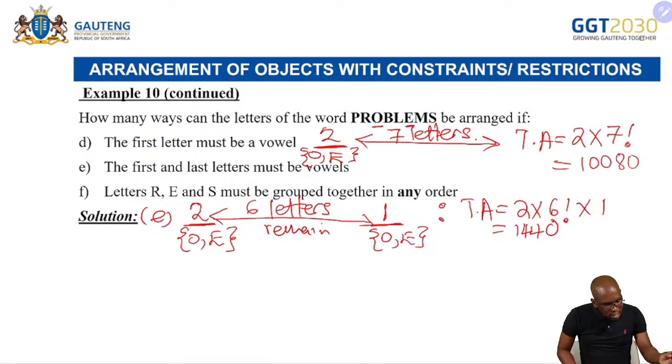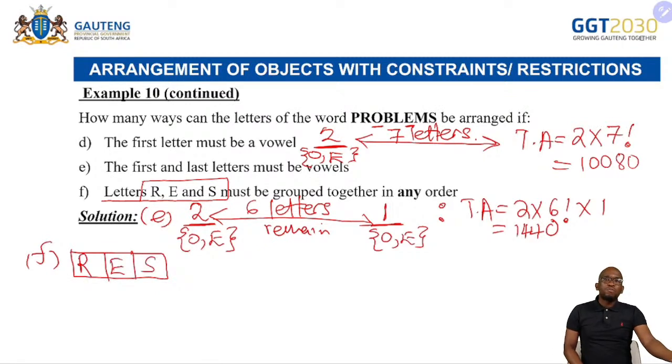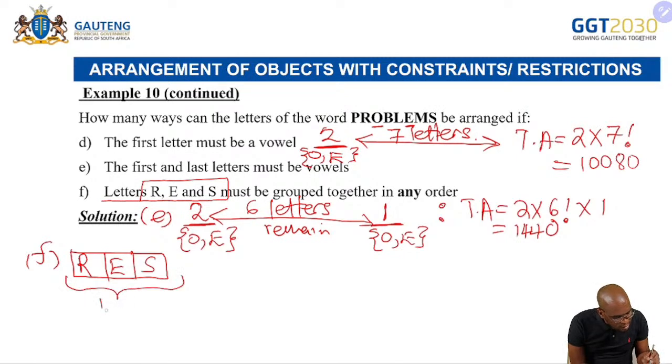Right. And then the last one now, F. F wants us to arrange so that the letters R, E, and S must be grouped together in any order. If you group the three letters R, E, and S, you need to treat that as a single object, because they must always move as a group.